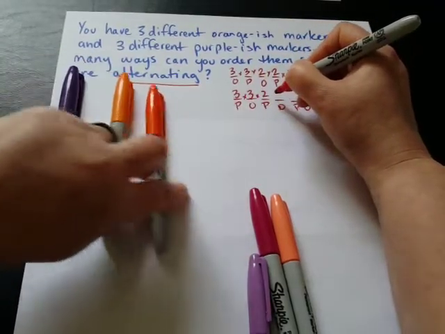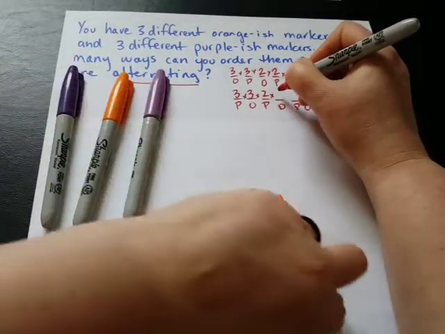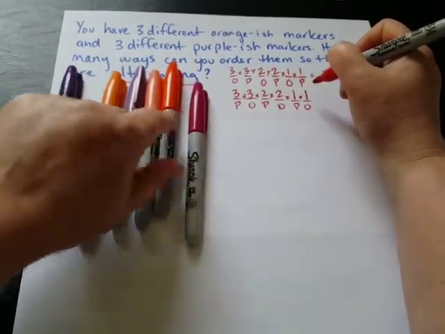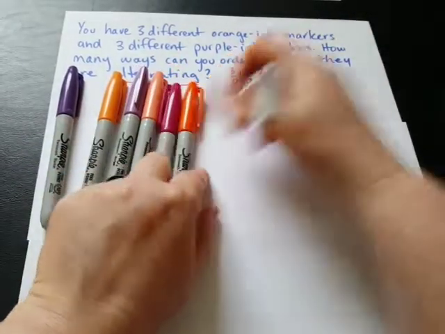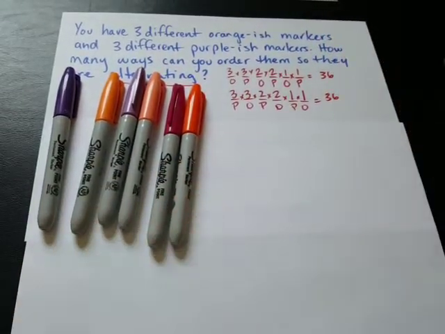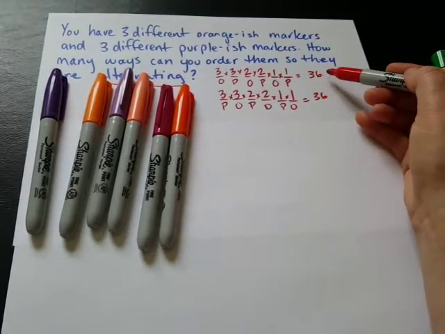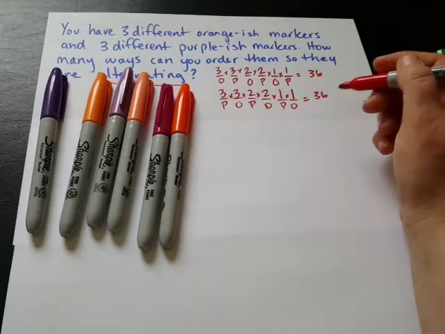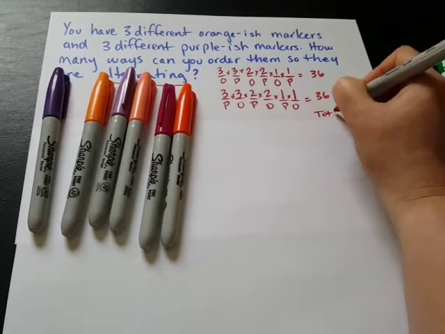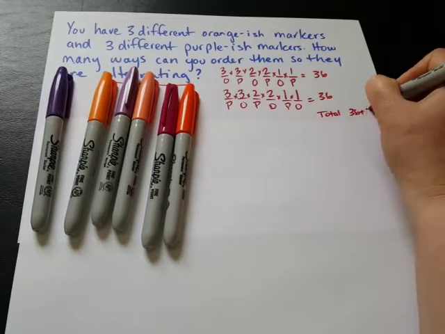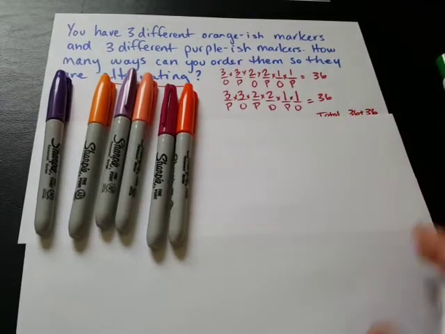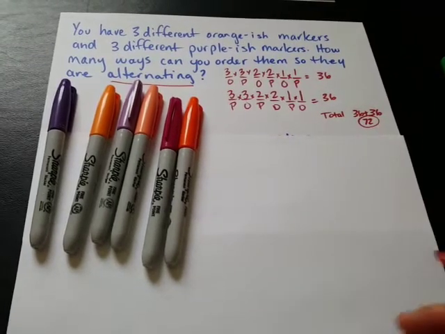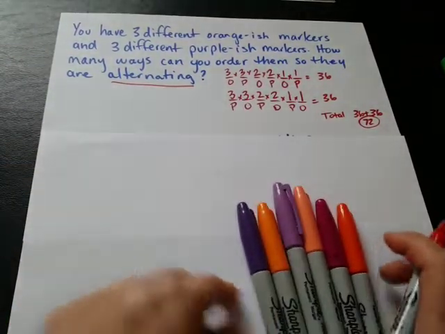You can see where this is going. So there's 36 different ways to do it with orange first, and 36 different ways with purple first. The total is those 2 values added together to make 72. So there's a total of 72 different ways for these to be alternating.